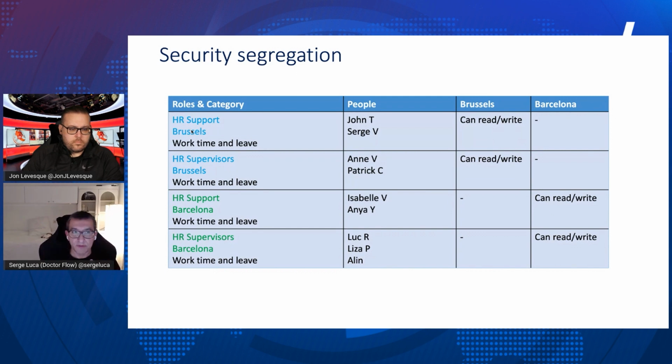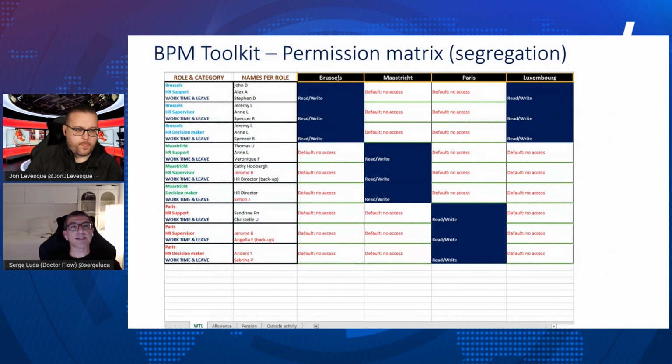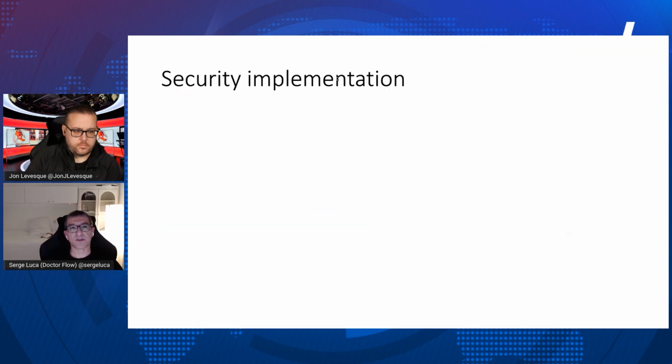So you must be able to define a security matrix, and the tool must comply to this security matrix. So we call that security segregation. That's very important. That's key. This slide illustrates an example of a complex permission matrix implemented by one of my customers.